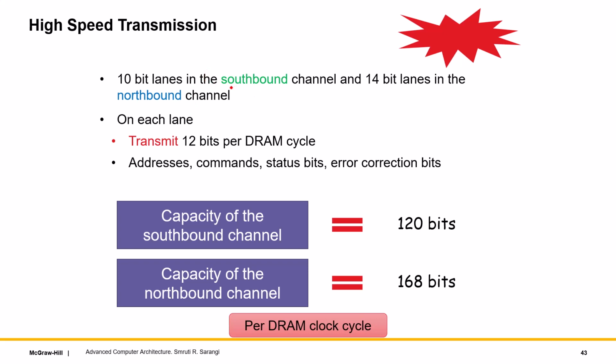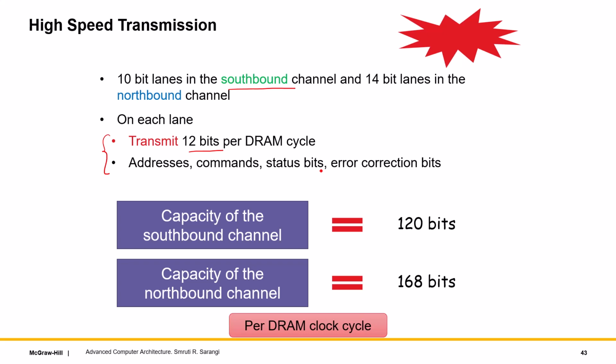So we typically have 10 bit lanes in the southbound channel and 14 on the northbound channel. And furthermore, on each lane, per DRAM cycle, we transmit 12 bits. And they could comprise addresses, commands, status bits, error correction, etc.